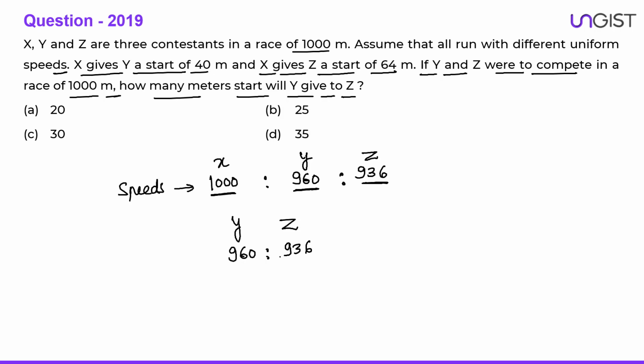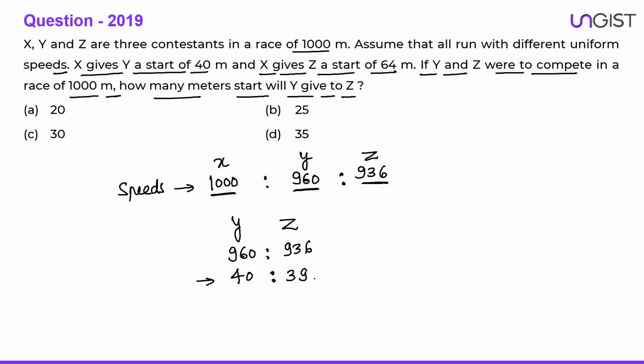So the ratio of these two numbers will be 40 is to 39, right? If you divide these numbers by 24, you will get the ratio as 40 is to 39.